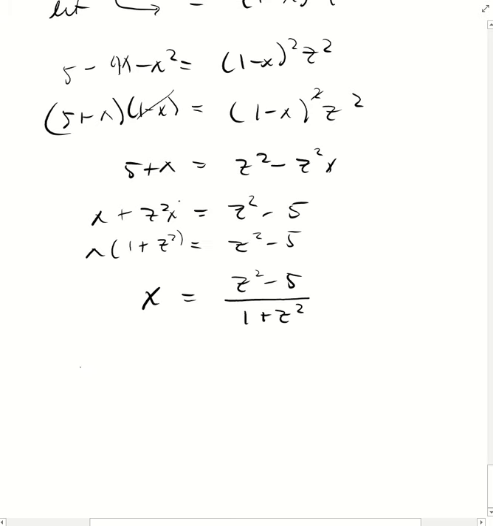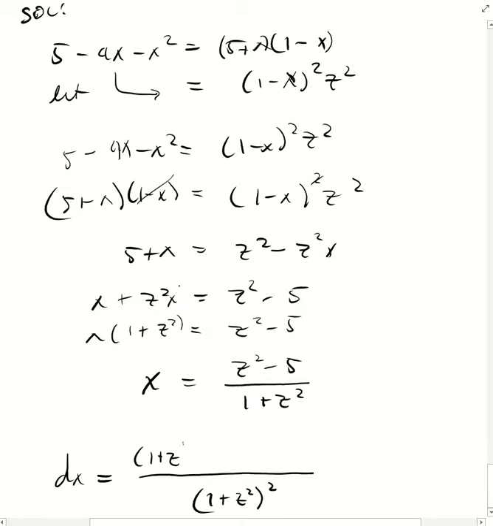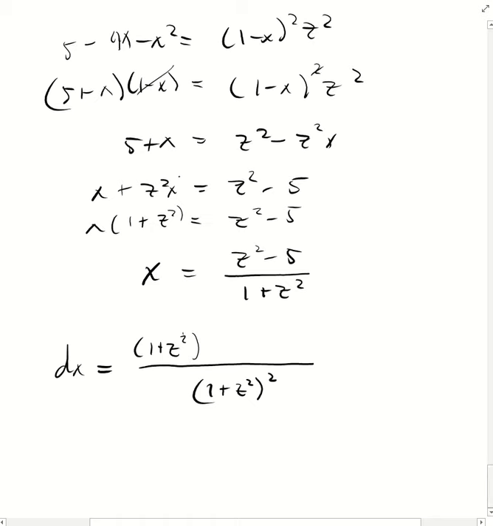Then the next step is to solve for dx. Again, dx will be equal to the quotient rule, so this will be the denominator, 1 plus z squared, multiplied by the derivative of the numerator, z squared minus 5, and that will be 2z dz.